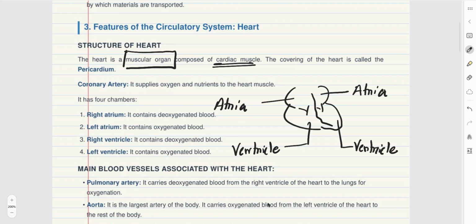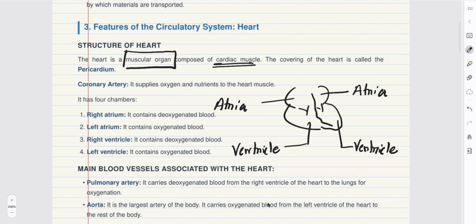Now always remember, the diagram that you're seeing on the screen is opposite to what is present inside your body, because it's like a mirror image. Whatever is on the left-hand side of your screen is actually present on the right side of your body, and what you see on the right side of the screen is present on the left side of your body.